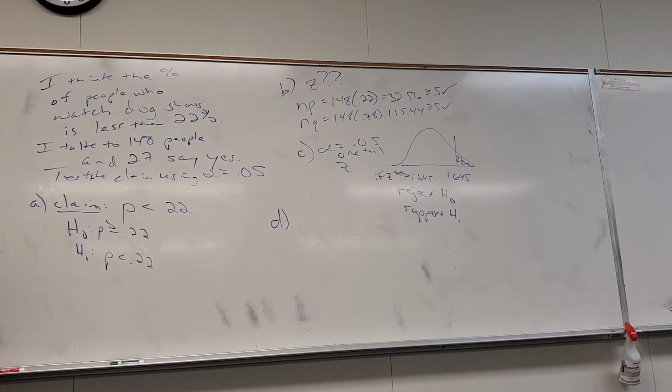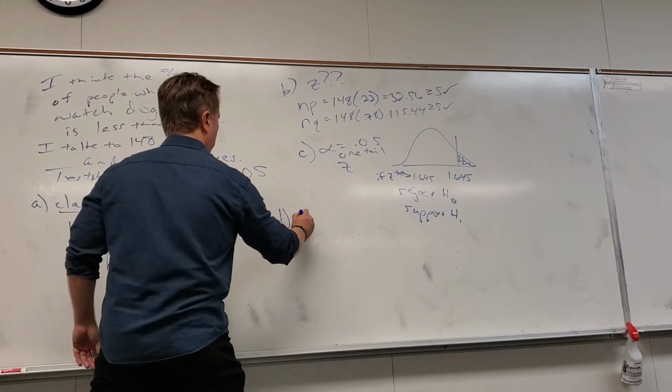I need p hat. What's p hat mean? The yeses. The percentage from sample. That's why it's got a little hat on it. What's x with a bar on it mean? Sample means. P with a little hat on it means sample percentage.